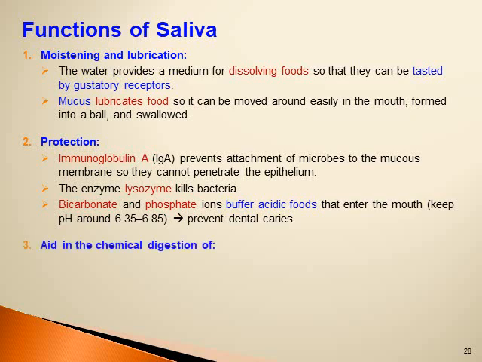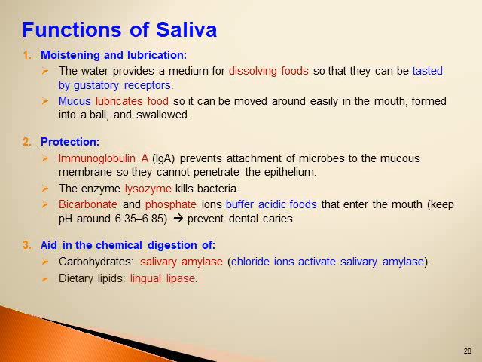Also the saliva aids in the chemical digestion of carbohydrates, because saliva contains salivary amylase, and chloride ions that are also present in the saliva are important to activate the salivary amylase. Also, the lingual lipase can digest the dietary lipids or dietary triglycerides.